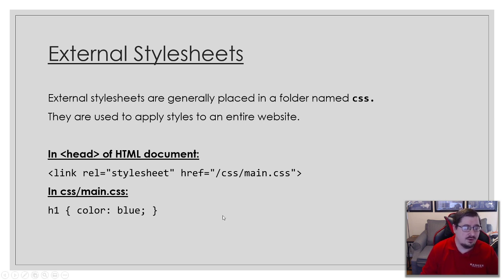Now, typically, we'll put that into a file named main.css, and we'll put that into a folder named css. So that's where you can see the path to it is css/main.css. This is a link tag in order to create this link between the HTML and the CSS file. Since we've broken them up into two files, we now need to add this link to the HTML with a relationship of stylesheet.